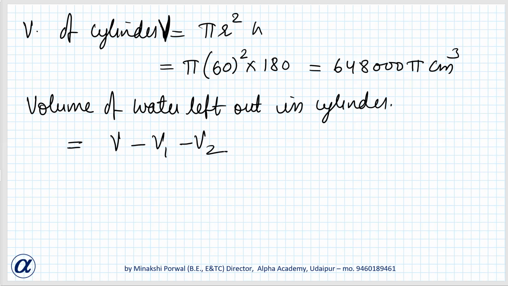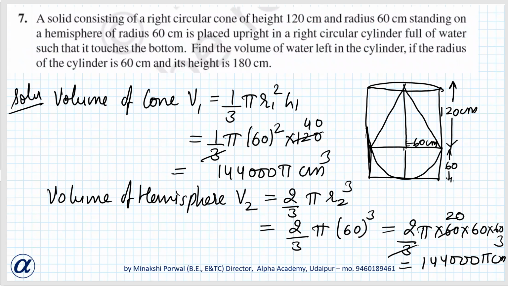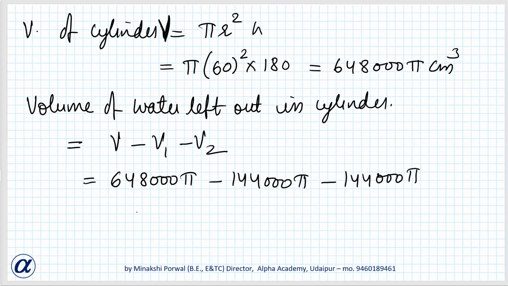We subtract the volume of the cone and the volume of the hemisphere from the cylinder. That is equal to 648,000 pi minus 144,000 pi minus 144,000 pi. We got both of these here: the volume of cone and the volume of hemisphere. Now this will be 360,000 pi centimeter cube. When we subtract, we can take pi outside, so this will be the volume of water left.